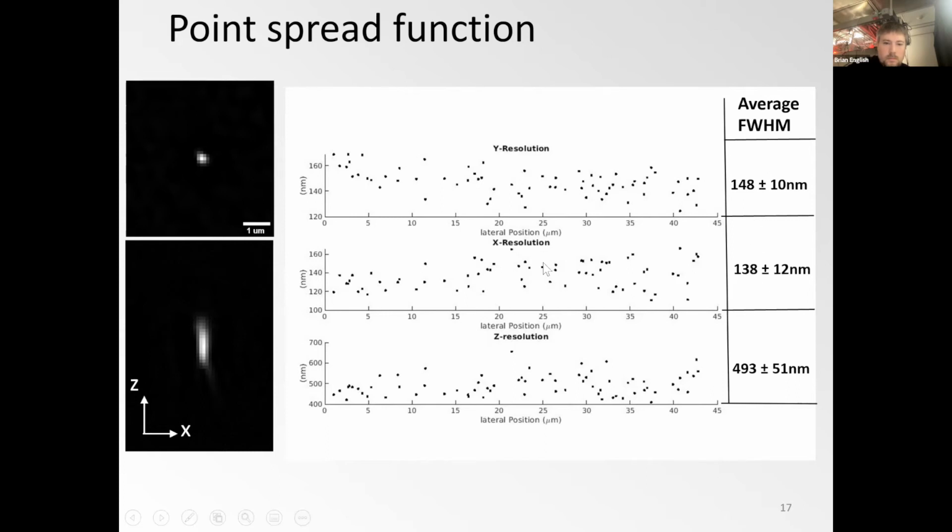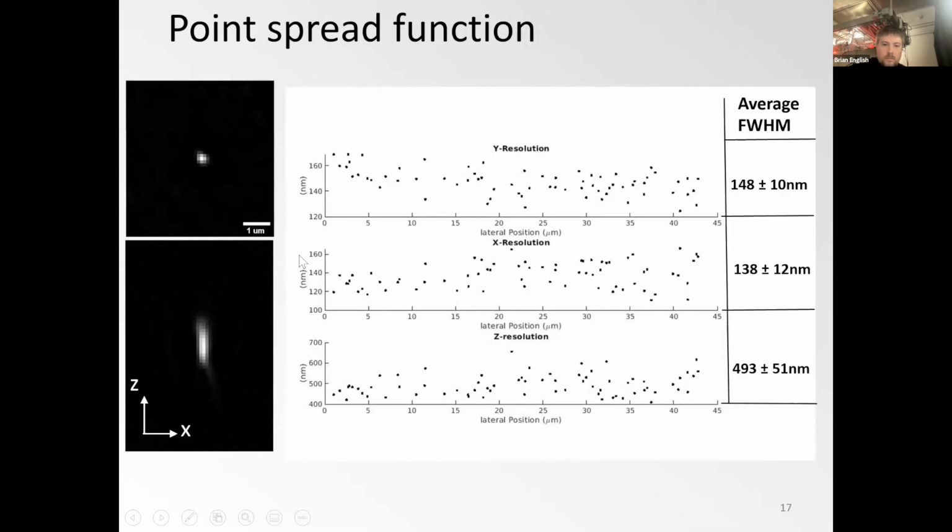You can see that the resolution values hover around 140 to 150 nanometer laterally, and in the Z resolution around 500 nanometer. As noted, this SIM pattern is purely one-dimensional, so it increases the resolution primarily in the lateral dimension. We haven't implemented any mechanism to improve the Z resolution.